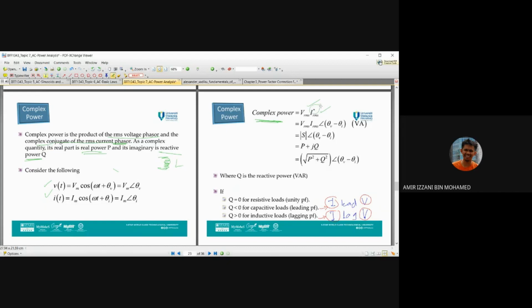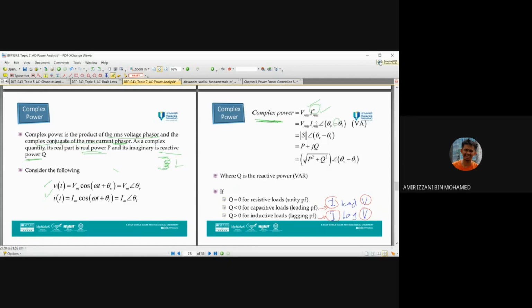This symbol is for conjugate, the complex conjugate of the RMS current phasor. So what does conjugate mean? You change the polarity. If it's positive, then change to negative. So theta I here becomes negative.